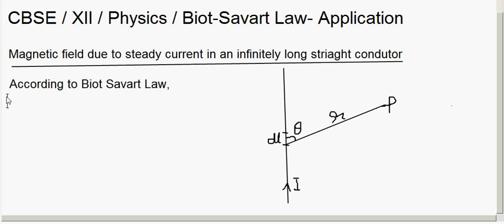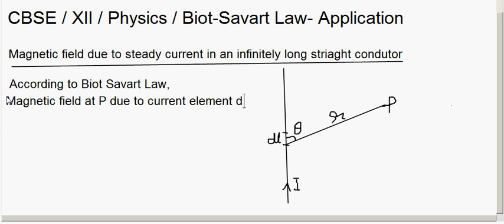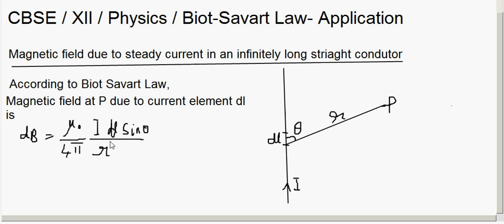It is given by dB equal to, only the magnitude I am writing, dB is equal to mu naught by 4 pi, I dl sin theta, divided by r square. Now this is the magnetic field due to a small current element dl.